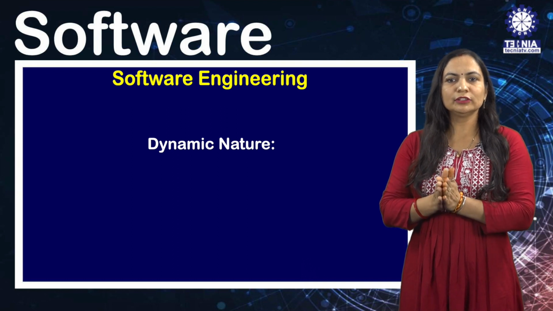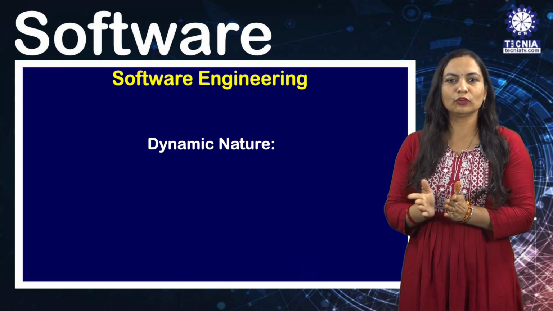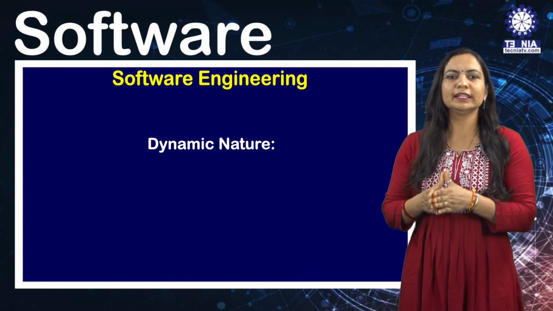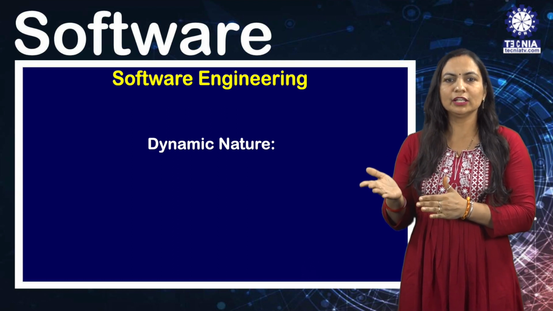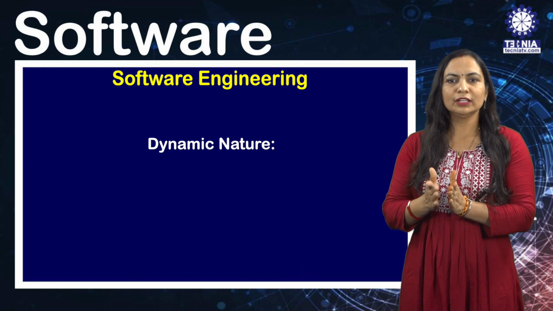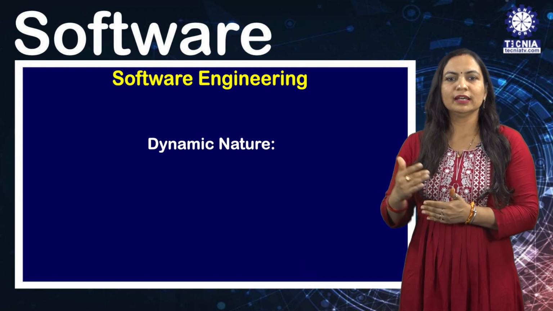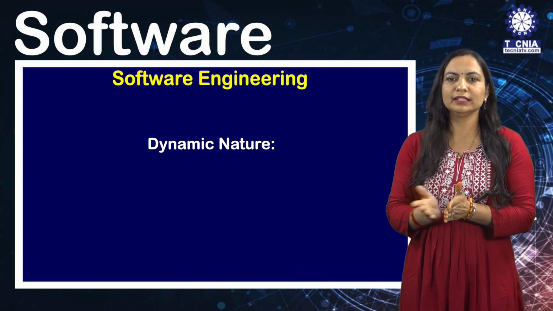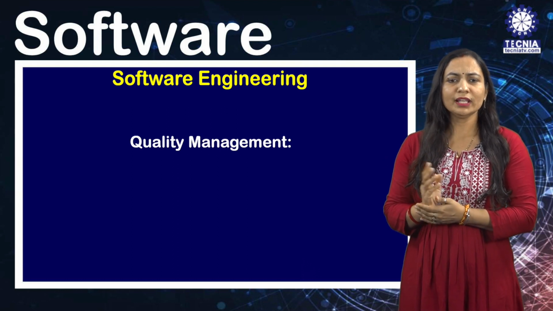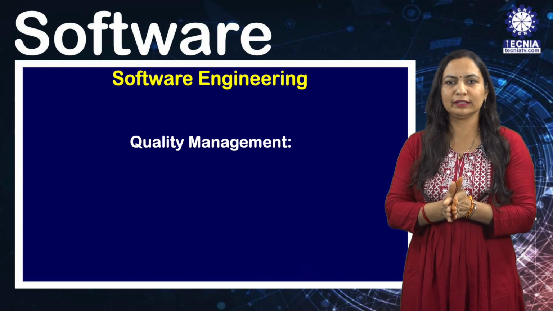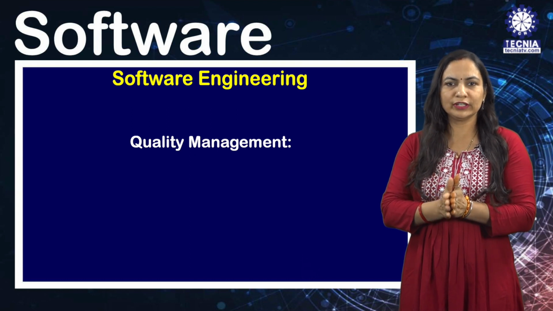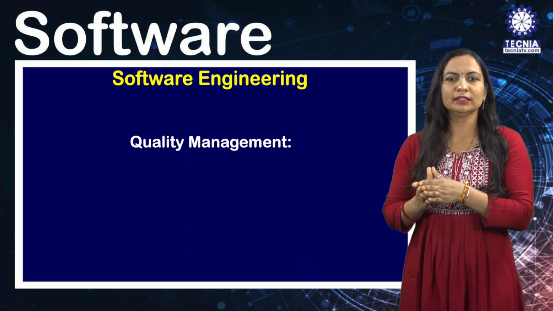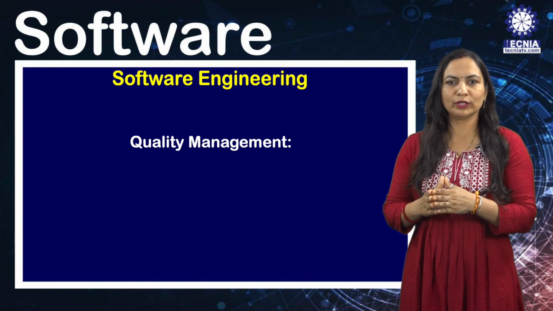The continually growing and adapting nature of programming hugely depends upon the environment in which the client works. If the requirements of a software are continually changing, new upgrades need to be done in the existing one. The next is quality management. A better procedure of software development provides a better quality software product.